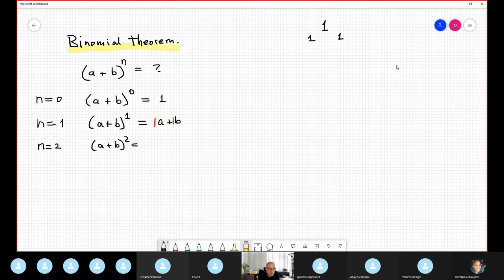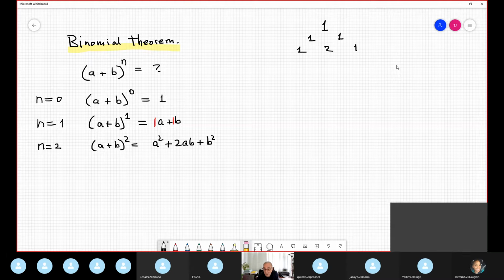And you know, when you FOIL, this is a squared plus twice ab plus b squared. And I put these coefficients here, 1, 2, and 1. Do you follow me? Everyone follow me? I try to discover the formula of Newton.